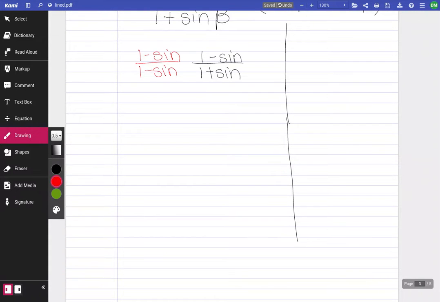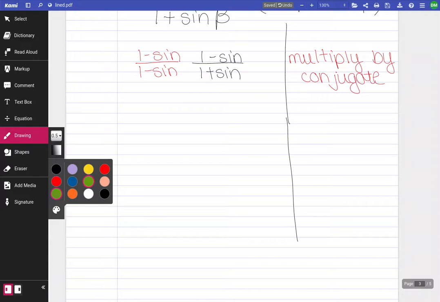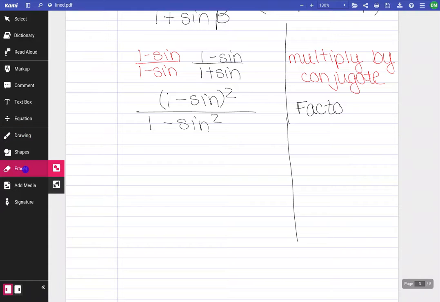So this is multiply by conjugate. When I go to do this, I am left with 1 minus sine quantity squared on top. And then on the bottom, I get 1 minus sine squared. Now, 1 minus sine squared, and all I did was factor, no, not factor, FOIL.